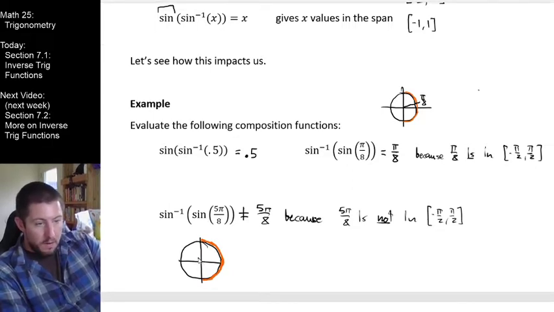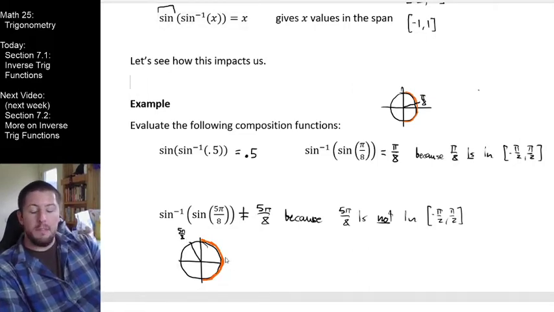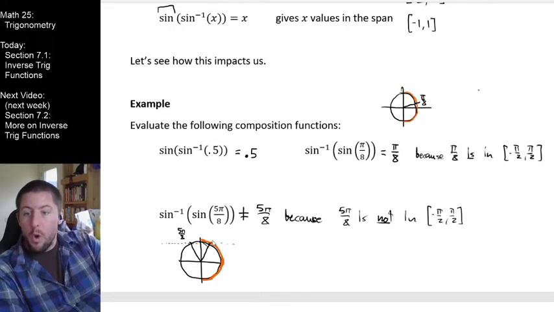So here is 5 pi eighths. What we want to identify is what angle in our acceptable range also has the same sine value as 5 pi eighths. Remember that a sine is a measurement of height. And so it seems to me like there should be another angle that's symmetric to 5 pi eighths that lives within our orange span that would be an acceptable output from the sine inverse function.